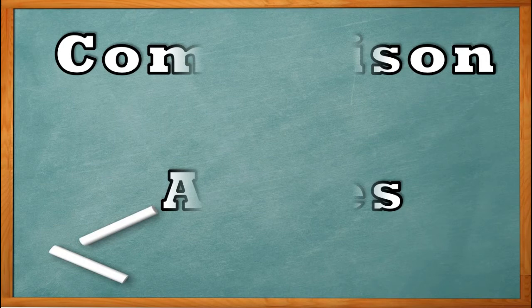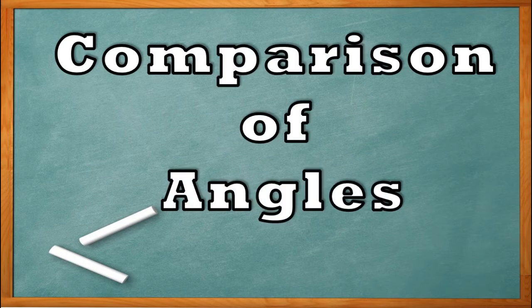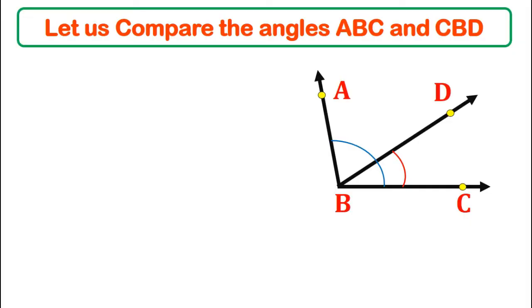Next, let us understand how to compare two given angles. As we can see, we have angle ABC and angle CBD in the beside given figure. Now let us understand how we are going to compare these two given angles.